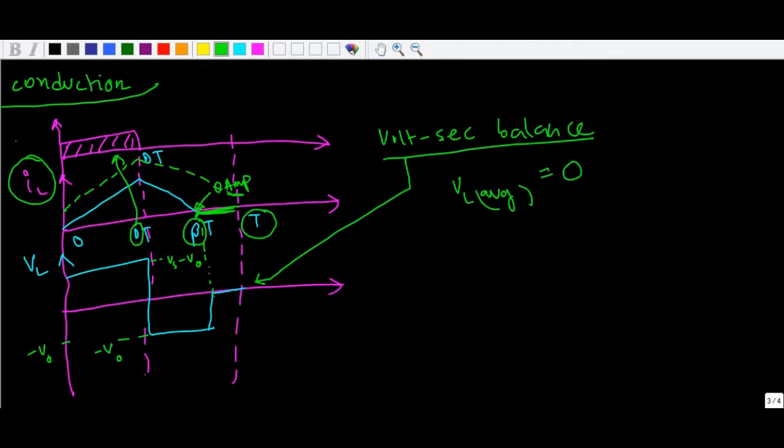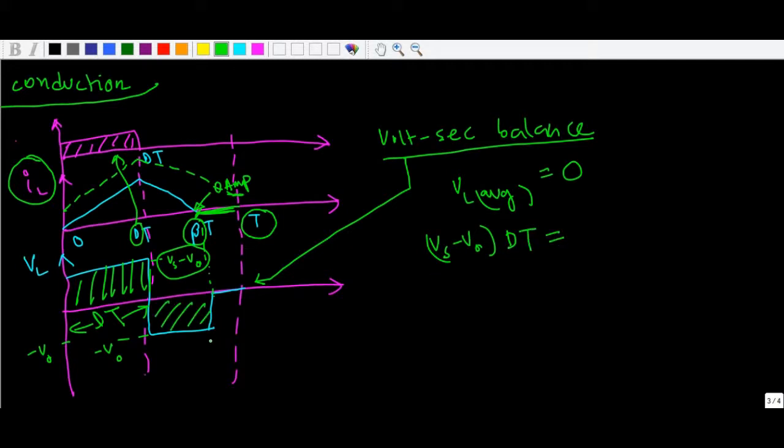So we can say Vs minus V output, that is this voltage, for the time dT, this is my dT time, this area should always be equal to this area. What is this area? We have here beta times T and here D times T, and this voltage is the negative of the output voltage.